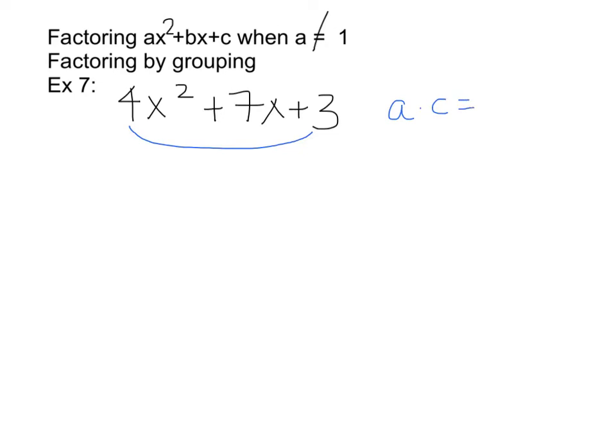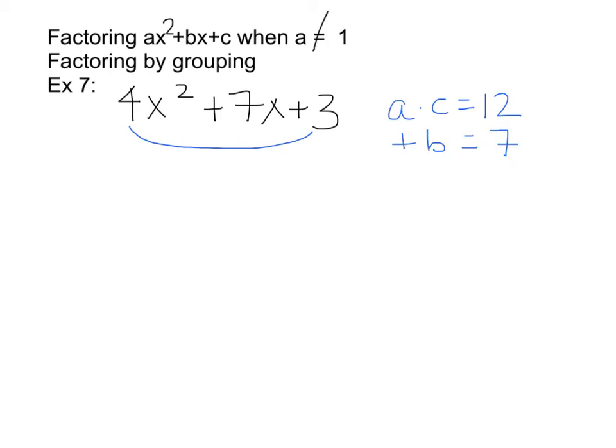So 4 times 3 gives me positive 12. And then I take my b term, which is 7. So now I am looking for numbers that multiply to positive 12, but add to 7.